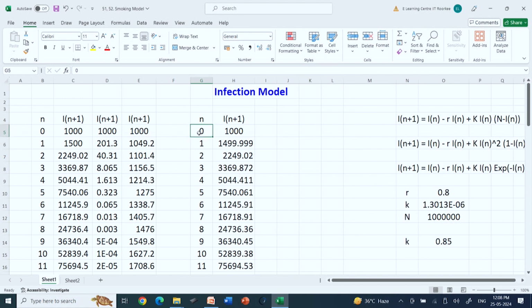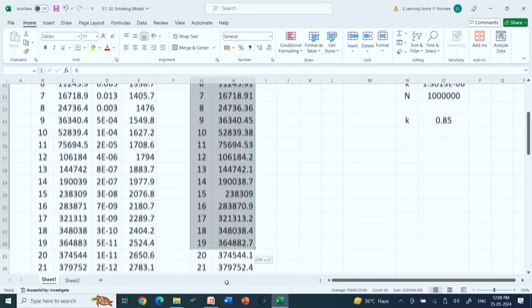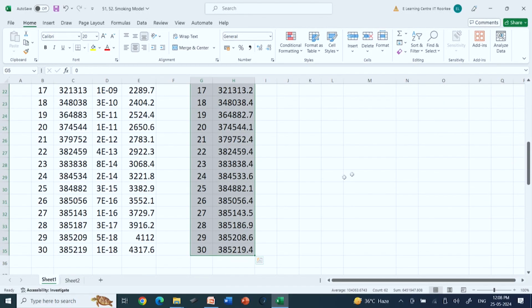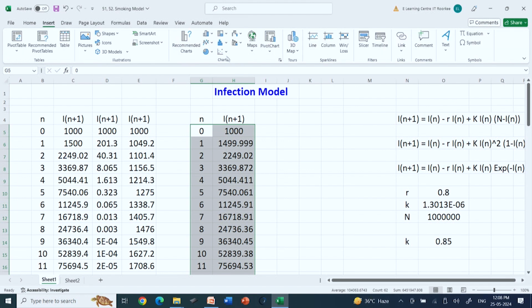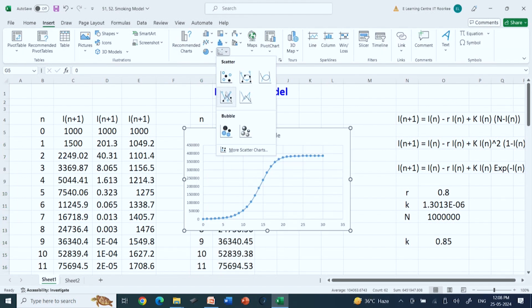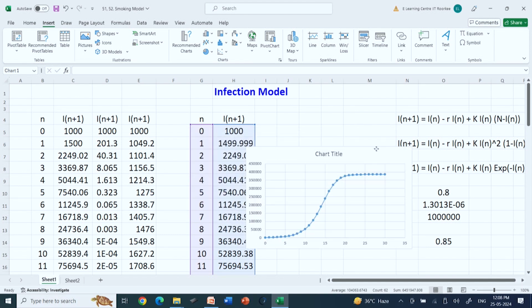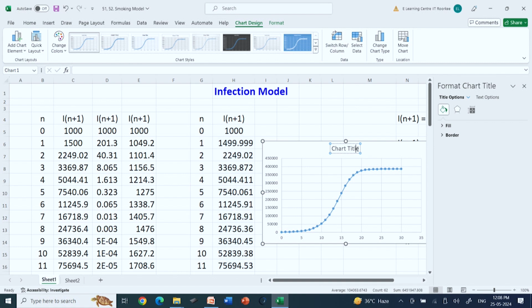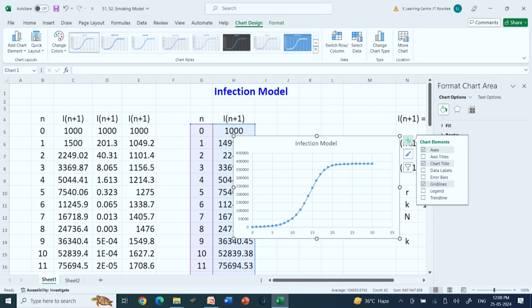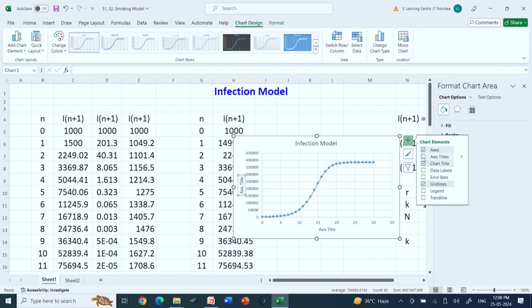So, now I have to plot. I just highlight these up to 30 values, go to insert, take this value and get the value here. I can just write here infection model. If I want axis title, I click this.